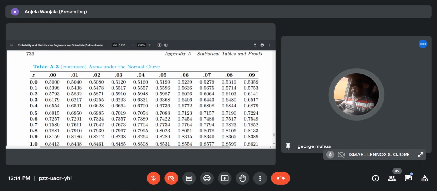The other one is 8 minus 3 over 16, which is 0.5. I read from the table for 0.5, it is 0.6915. Then you subtract for 0.06, which is 0.5239. So you get 0.1676.